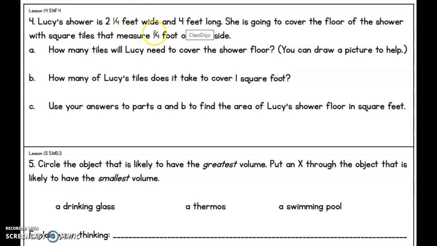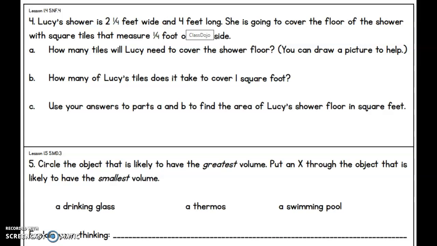Friendly reminder, when I am looking at 1/4 of a foot on each side, I'm thinking about the idea that 4/4 makes up 1 whole. So keep that in mind as you are doing this problem. I would highly recommend drawing a picture to help you.